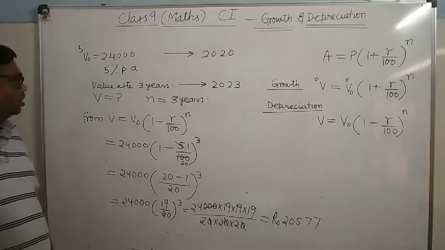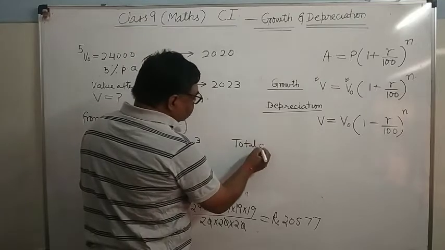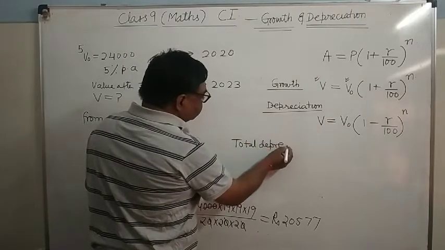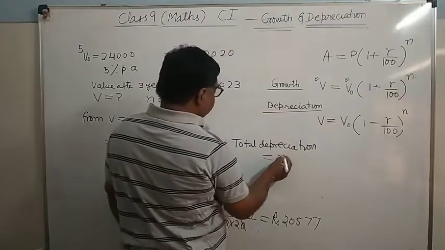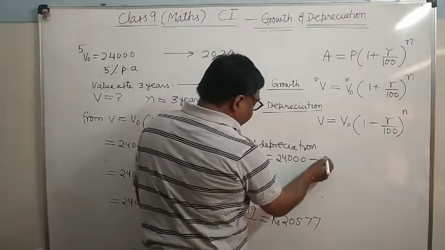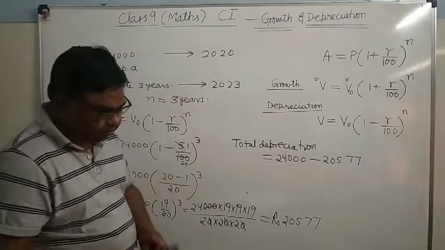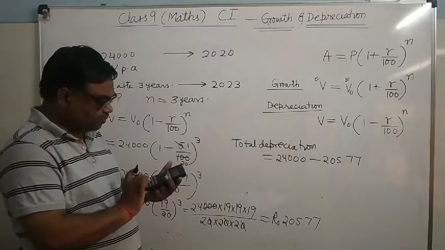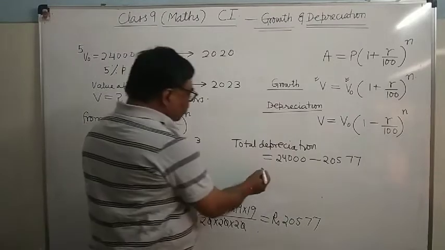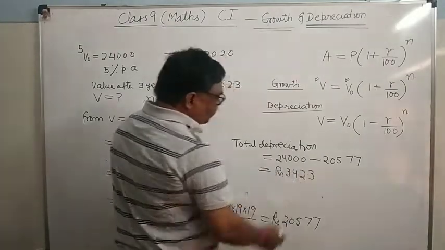Total depreciation will be equals to 24,000 minus 20577. So here I am subtracting. So this comes out rupees 3423. It's clear?